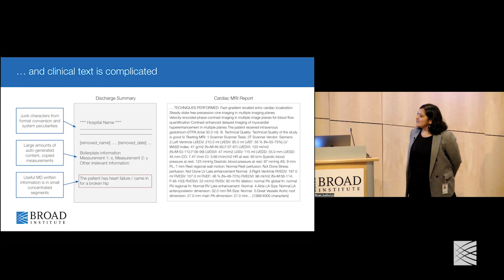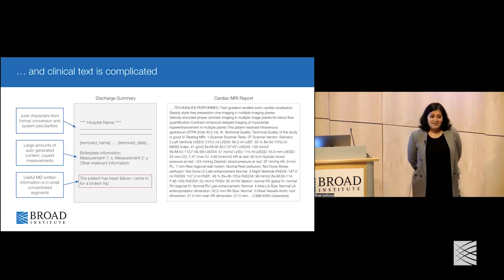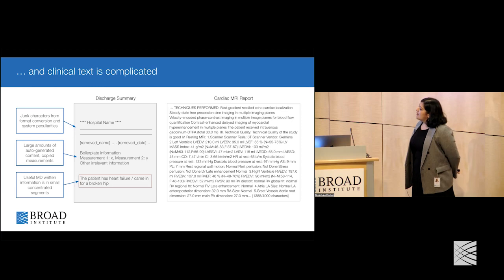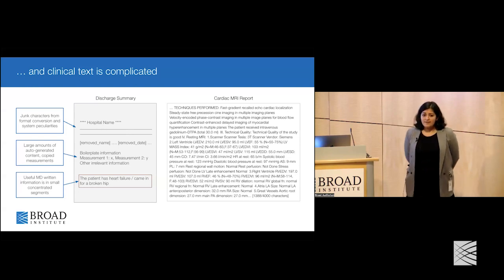And maybe the useful narrative information that's actually written by a clinician is concentrated in small segments of this really long report. And on the right, I'm showing cardiac MRI reports, and there's information about technique, machine, the actual measurements, a whole bunch of things. So these are both examples that I'm going to talk more about, but as you can see, things are not as easy as there's a few sentences and we can easily get the information that we need.